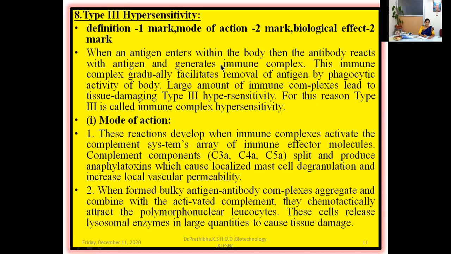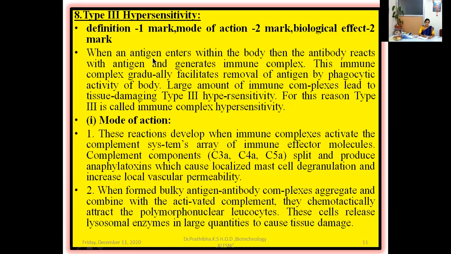When an antigen enters the body, the antibody reacts with the antigen and generates an immune complex, because this antigen triggers the B lymphocytes or immune system for the production of antibodies. That's why these antigens are known as antigen generators. Anti stands for antibody, GN stands for generator.